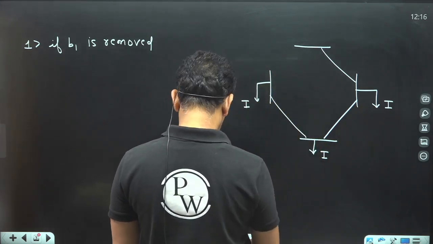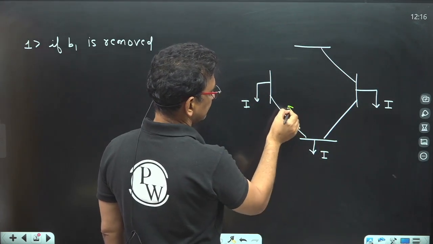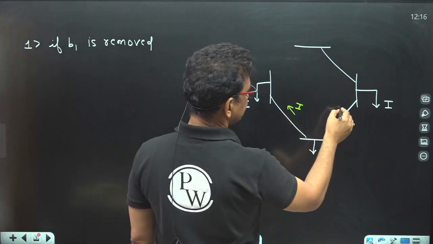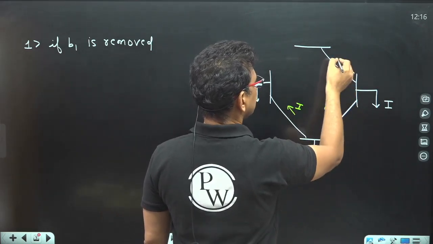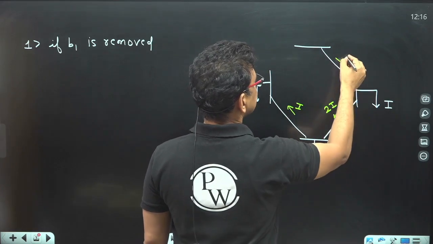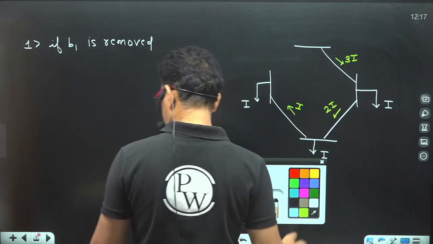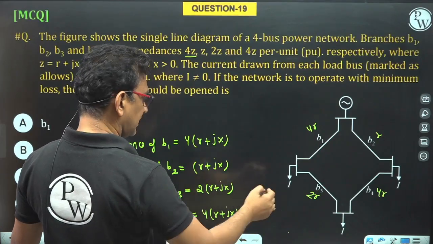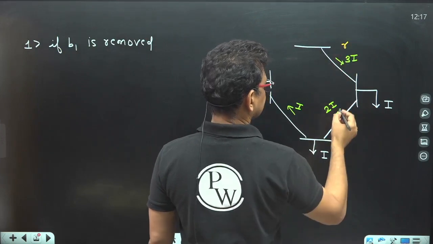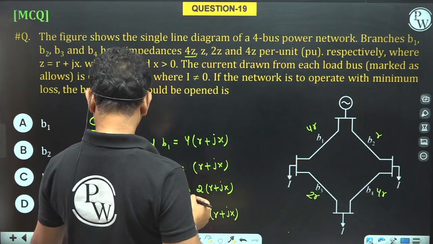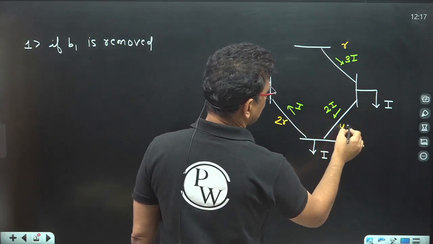If we apply Kirchhoff's current law, the current here will be I only. The current in this branch becomes I plus I, which means 2I, and the current in this branch becomes 2I plus I, which means 3I. The resistances of these branches are R, 2R and 4R.